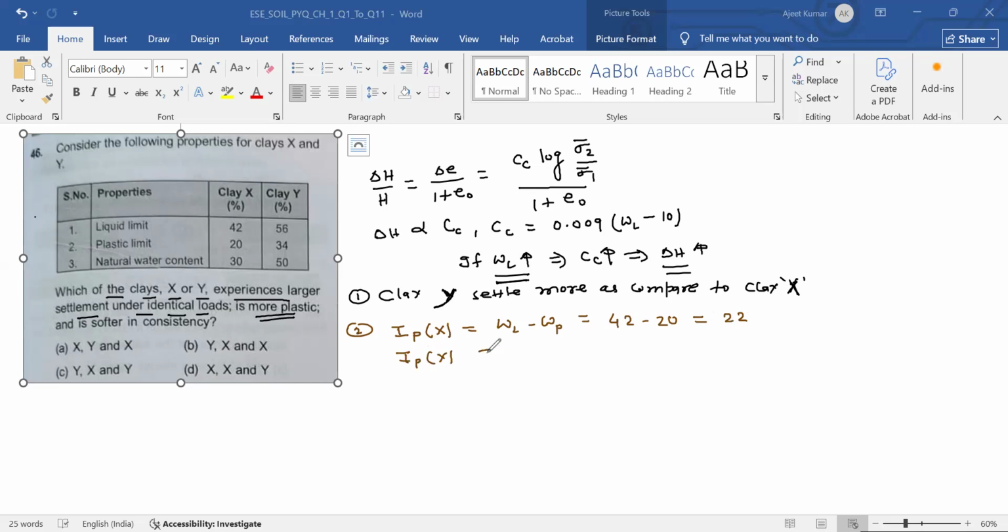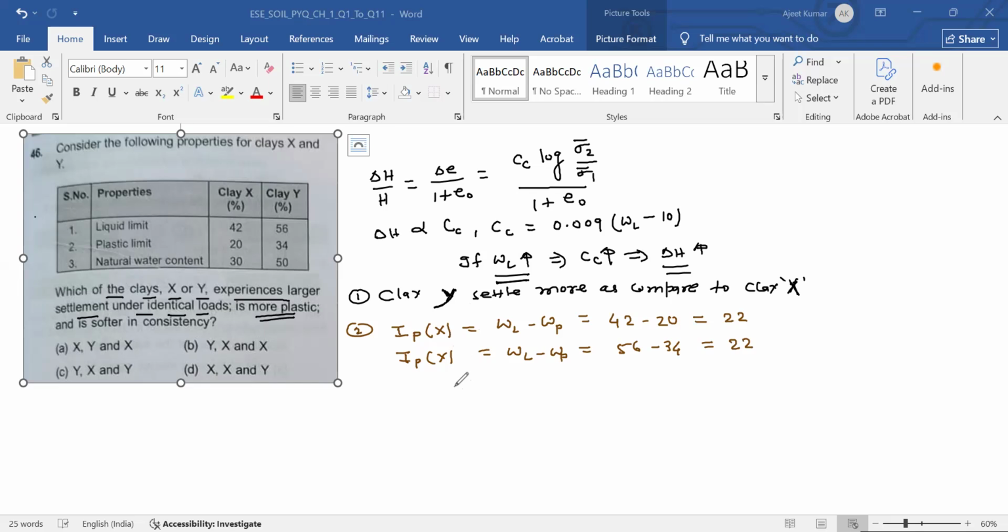IP of Y is equal to liquid limit 56 minus plastic limit 34, and this is also 22. So for both soils, IP is the same. So what to do in this case? It's very difficult to comment on which clay is more plastic.